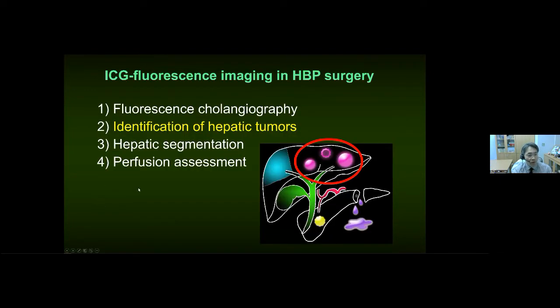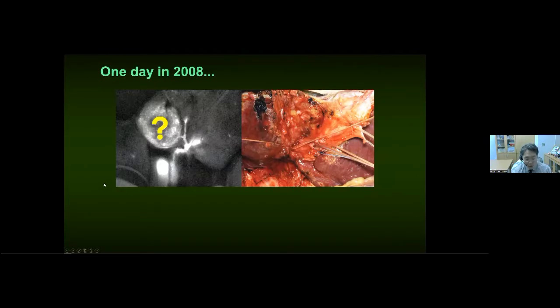Then let's move on to the next topic, the liver tumor localization. One day in 2008, I found that liver tumors showed really strong fluorescence signals before intraoperative administration of ICG.